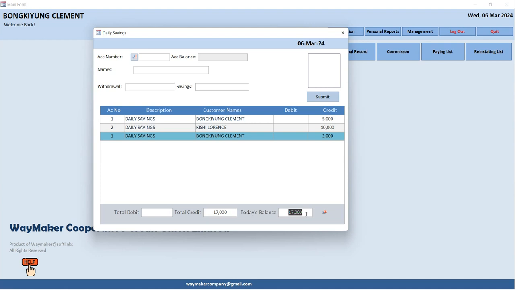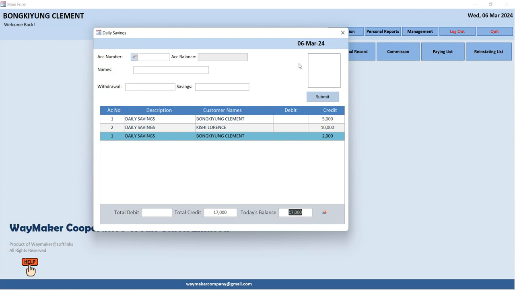However, it is possible that today's balance is negative. That should not be considered or confused with shortages. This is a simple scenario. It's possible that on the 7th of March, we go to the field and nobody saves, but some people do withdrawals.